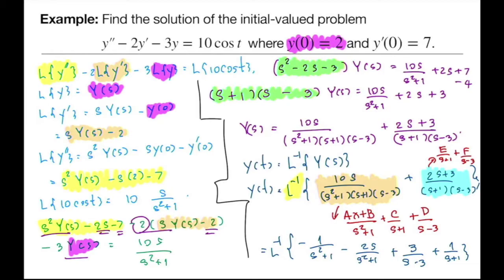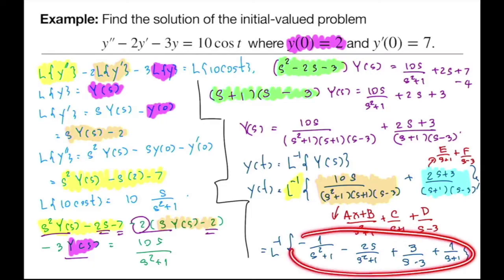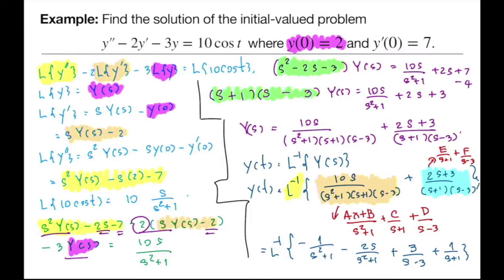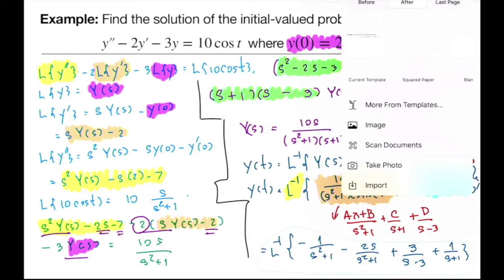So this is the result of the partial fractions, and then I'll move this to the next page.